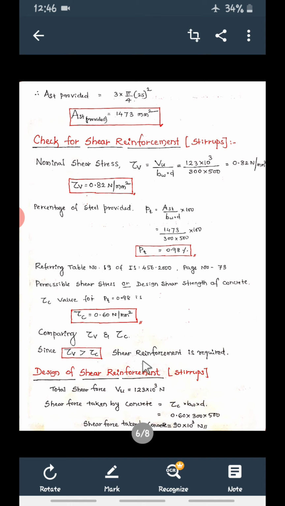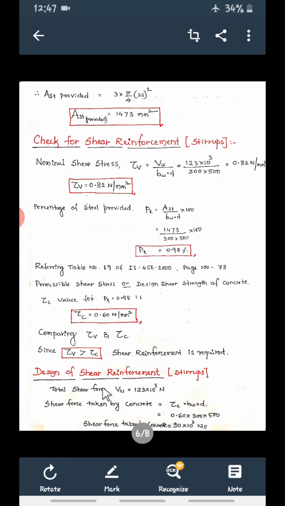Remember, this is important. Since tau V is greater than tau C, the shear reinforcement will be required in the form of stirrups. So now we are going to design the shear reinforcement in the form of stirrups.